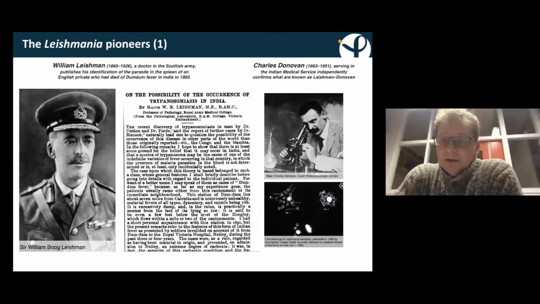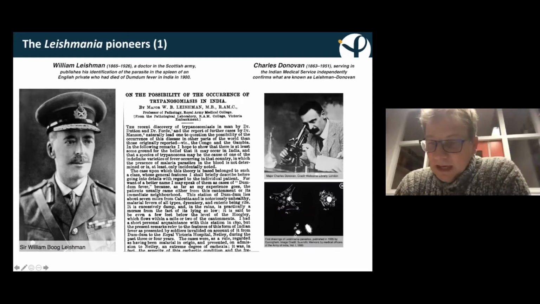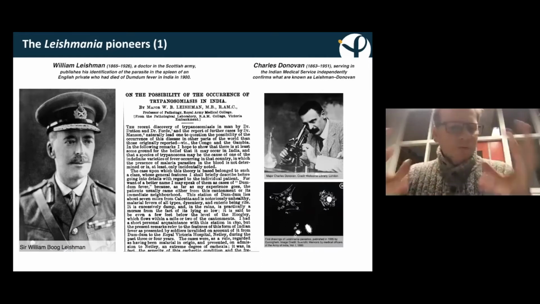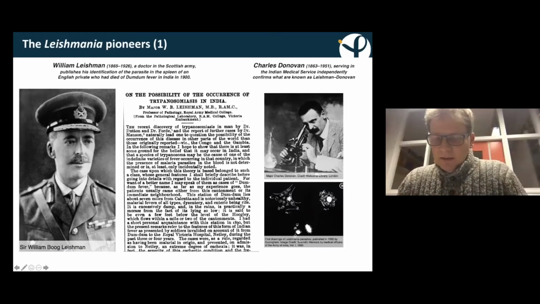Then another doctor, I think a British or English doctor, Mr. Donovan, looked in the microscope and discovered that inside your bone marrow, there are a lot of macrophage precursor cells. Always when a person was dying with black fever, he found that inside these cells, there are these little bodies.